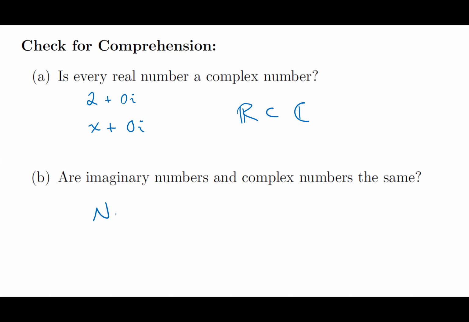The answer is no. Imaginary numbers, like say we had something times i, those could be written as 0 plus ki. So just like the reals are a subset of the complex numbers, the imaginary numbers are also a subset of the complex numbers, okay?